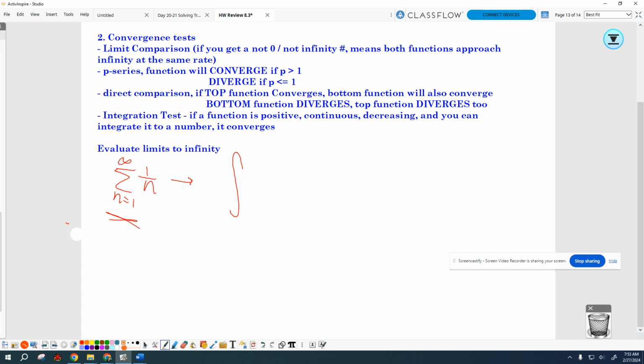So writing that as an integral, what does it become? Integral of 1 over n between 1 and infinity.